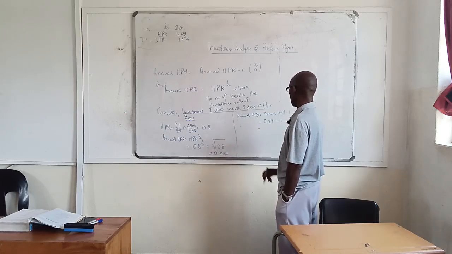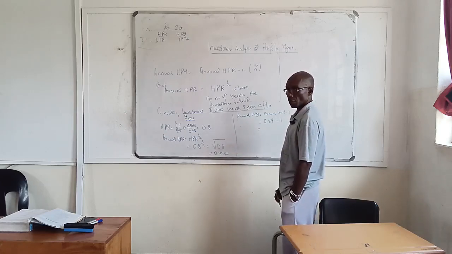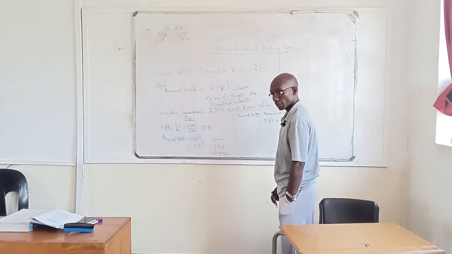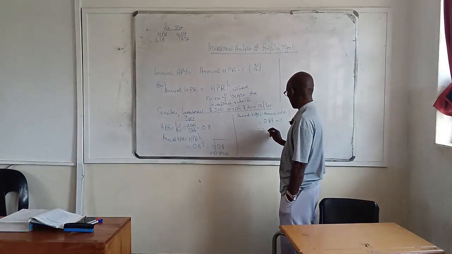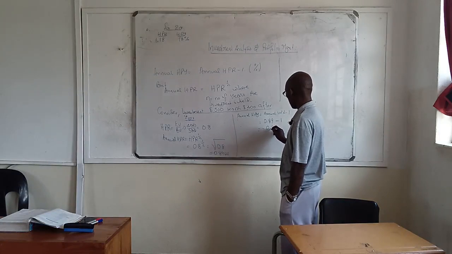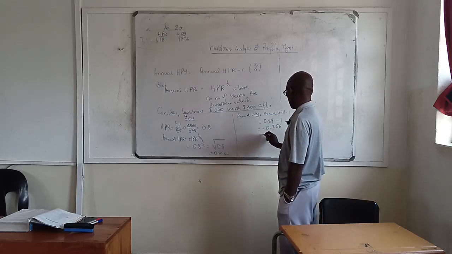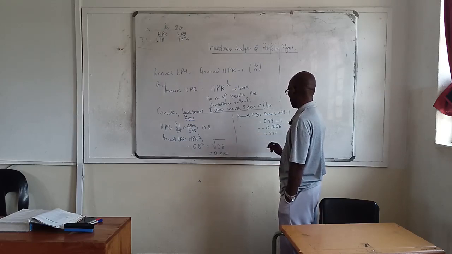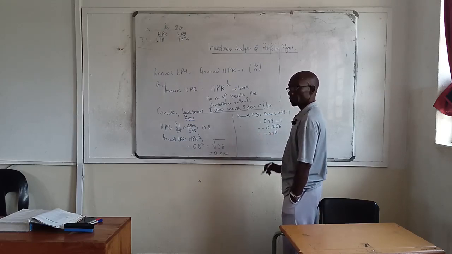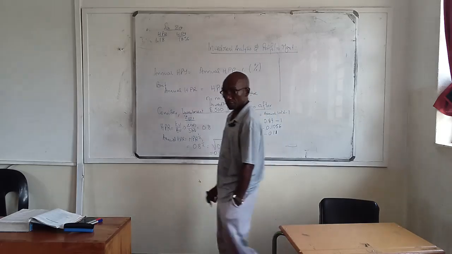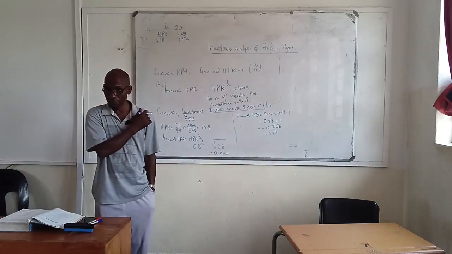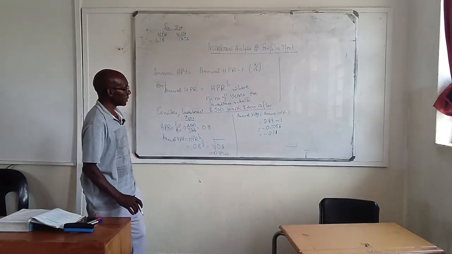What is it giving you? Negative 0.10556. To the nearest, it is negative 0.11. Are you able to see? It was something like that.